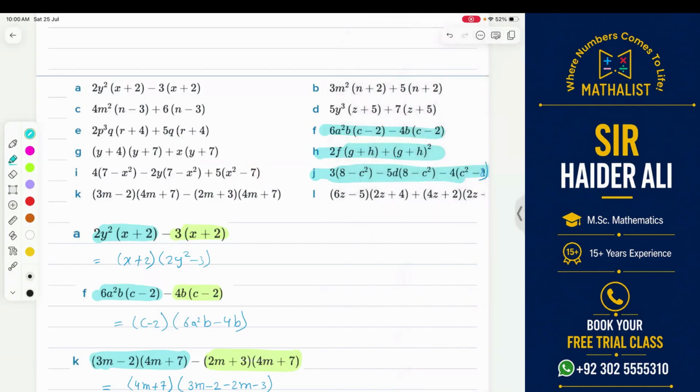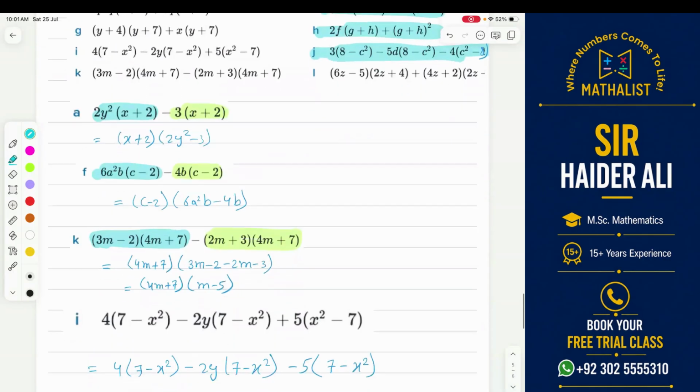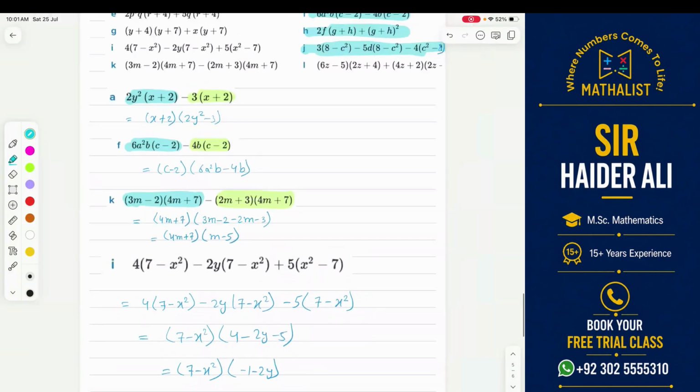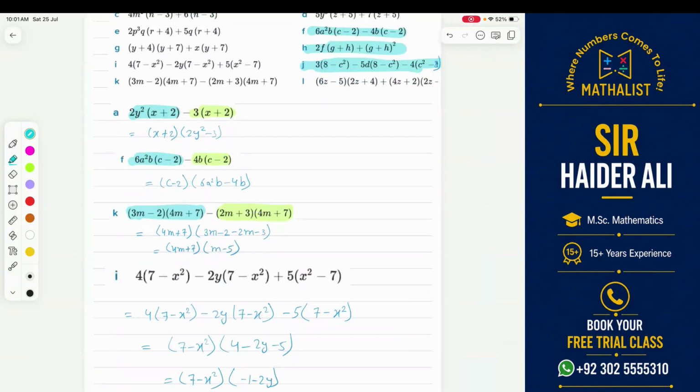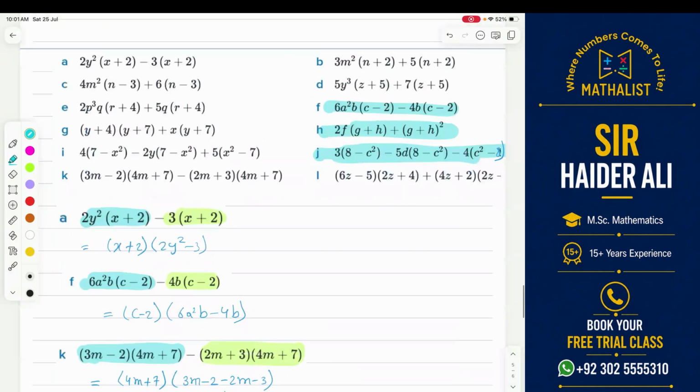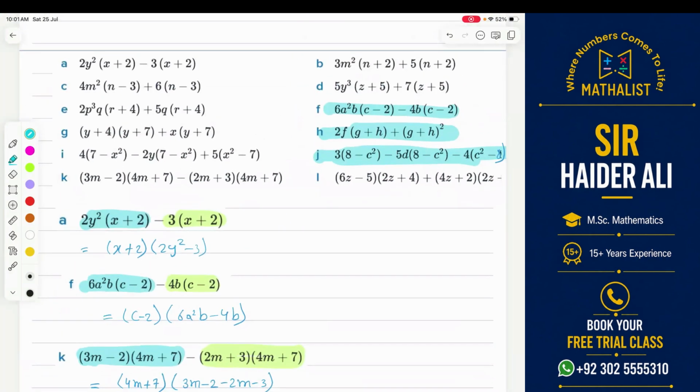Ajay, did you solve the question number F part? Yes. What is the answer of F part? 2b bracket c minus 2 bracket 3a to the power of 2 minus 2. Okay. Solve H part also. G bracket g plus h bracket 2f plus g plus h.